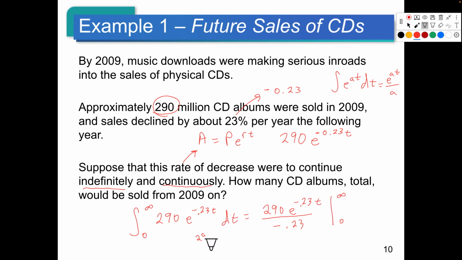So that's 290 e to the negative 0.23 times infinity over negative 0.23, minus 290 e to the negative 0.23 times 0 over negative 0.23. Okay, that's the fundamental theorem of calculus, FTC.